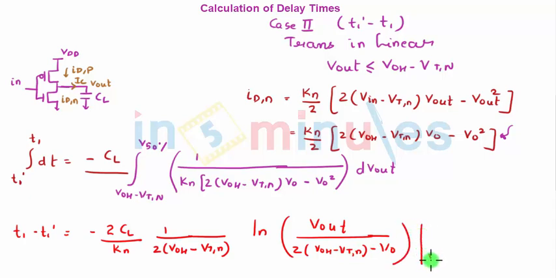We need to substitute the value of Vout, which is Vout equal to VOH minus Vtn and Vout equal to V50%. Let's put this finally quickly.